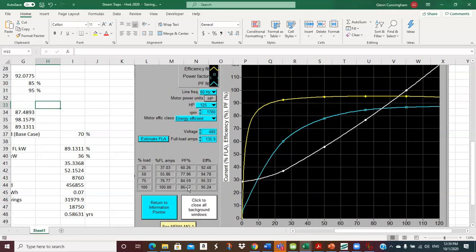We're 86.67 at 100%, and down to 84.6 at 75%. I'm down a little bit, so I think I just used 85. You could use 85 and a half, you could do an interpolation in there, or you could use the MEASURE tool, and it'll probably give you just one exact number.